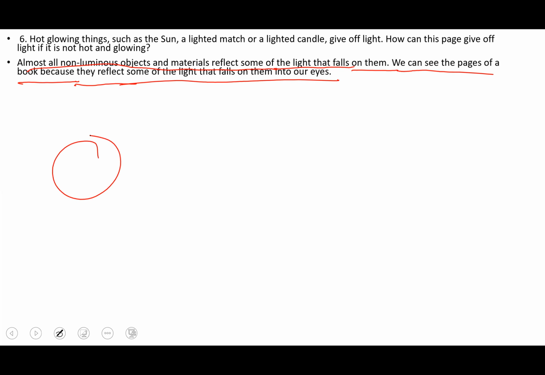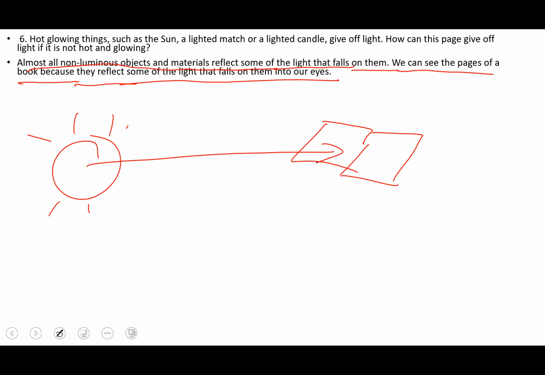Here is our sun, and here is a book, and we are seeing this page. The light will fall on this page and go into your eyes, and in this manner you will be able to see what is written in the book.